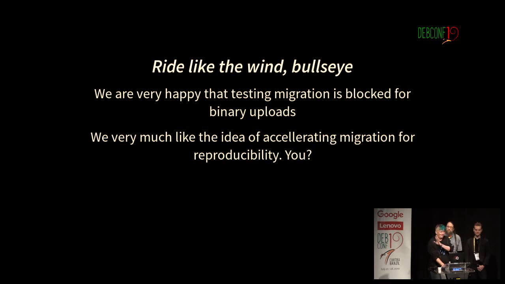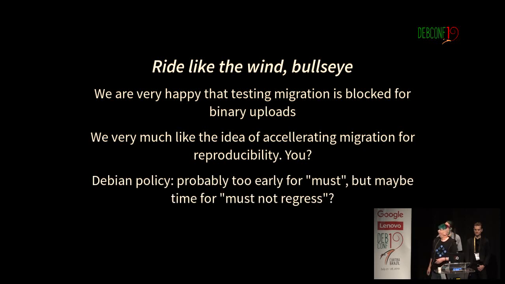It's just a plan, and we need to sort this out, because at the moment, without a package test, the migration delay is already down to 2 or 3 days. So further lowering is not possible, so it needs to become longer, and we need to sort this out. There was a mail just this morning about this. And maybe it's too early for a policy change that packages must be reproducible, but maybe we can have a policy change that packages must not regress.